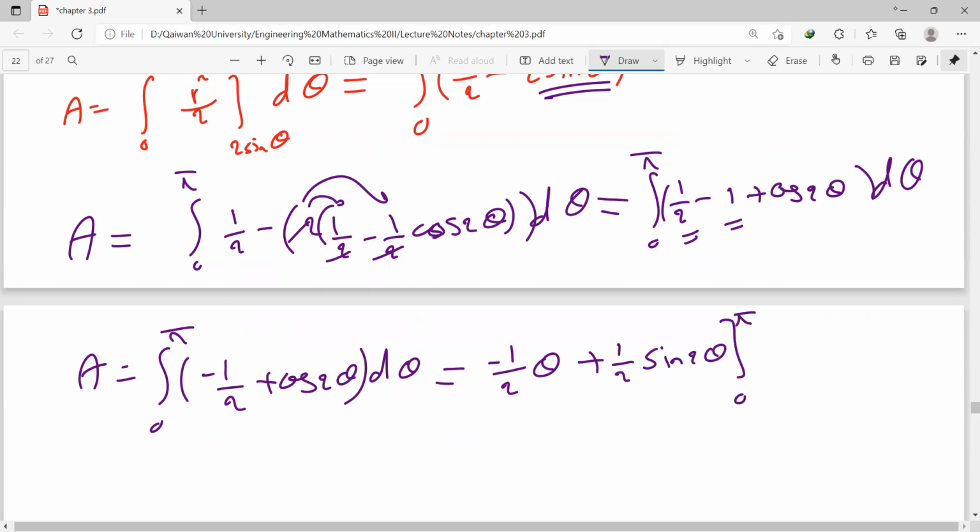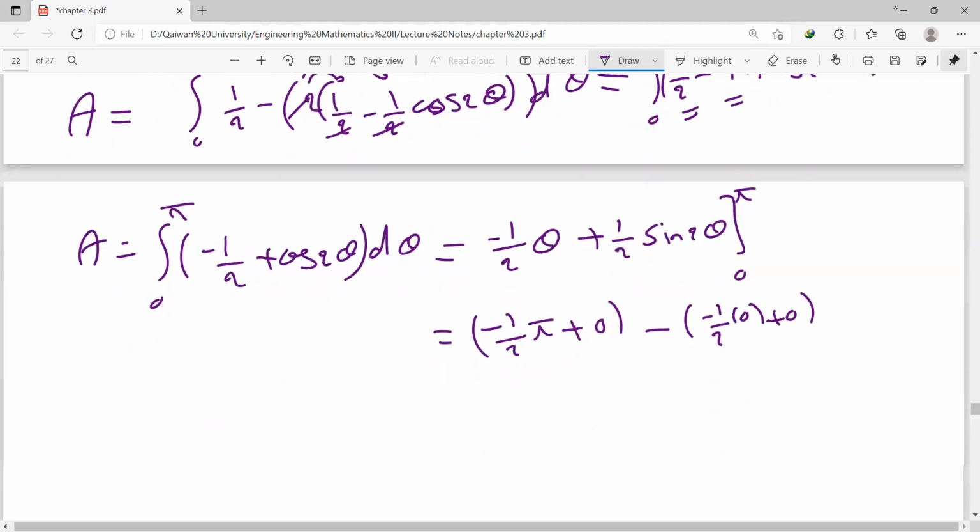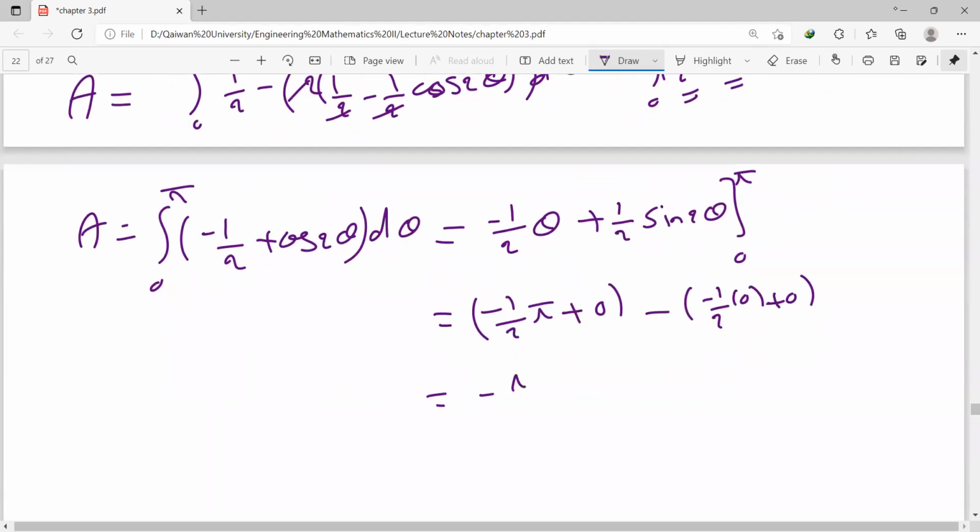If we first replace it by pi, we get minus a half of pi plus 0, because sine of 2 pi is 0, minus zero. So we get minus pi over 2.